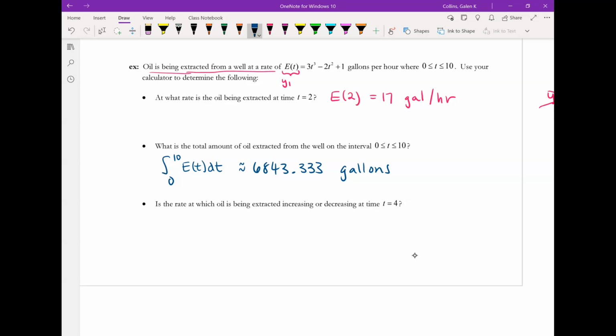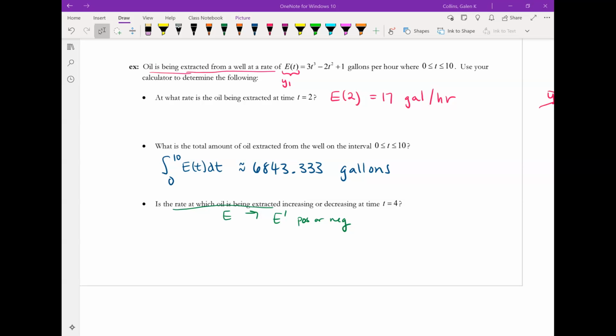Lastly, is the rate at which oil is being extracted increasing or decreasing at time t equals 4? So this is asking if E is increasing or decreasing, because the rate at which oil is being extracted is E. So in order to know that, we need to know if the derivative, E prime, is positive or negative.